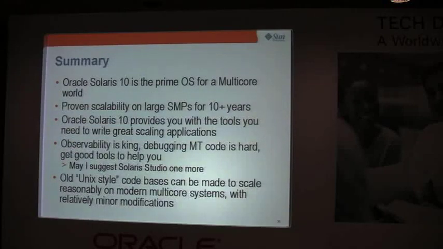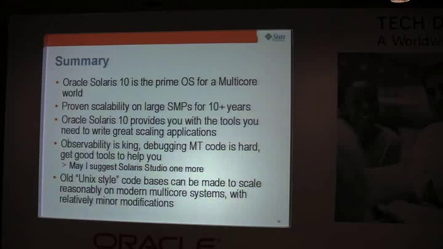Summary: Oracle Solaris 10 is the premier operating system for the multi-core world. Yes, because we've done SMPs before, and a multi-core system is, from an operating system point of view, just an SMP. It's multiple CPUs with lots of memory. We know that. We've been there. We've done that. Proven scalability.